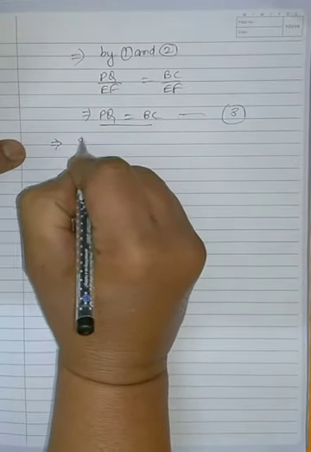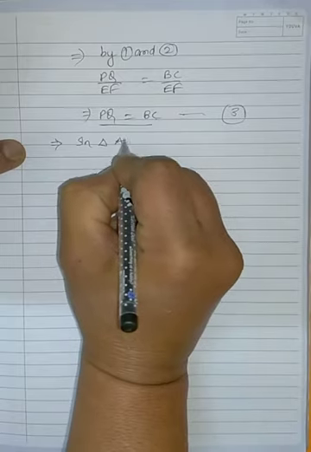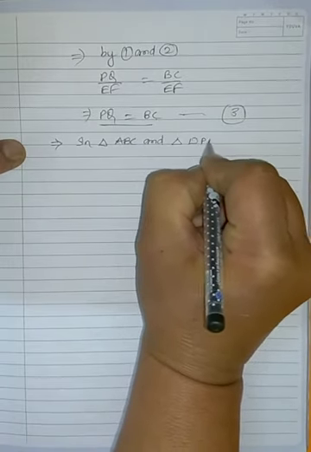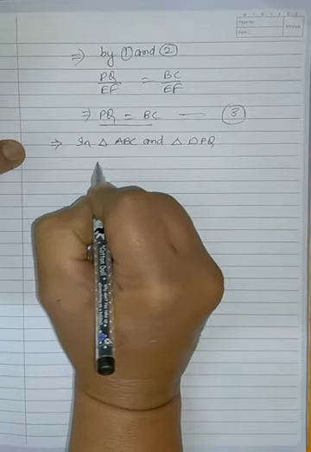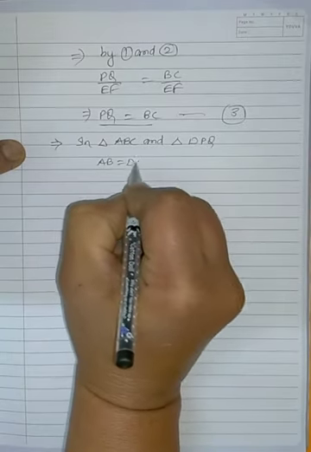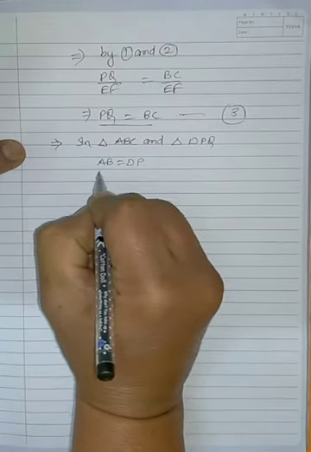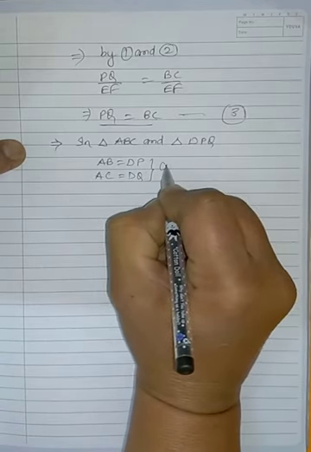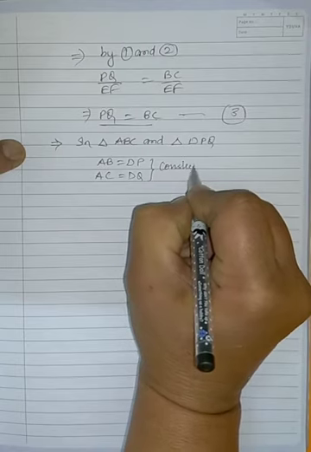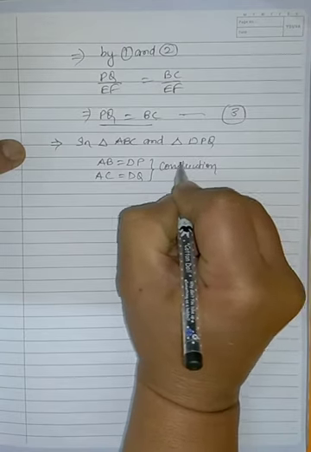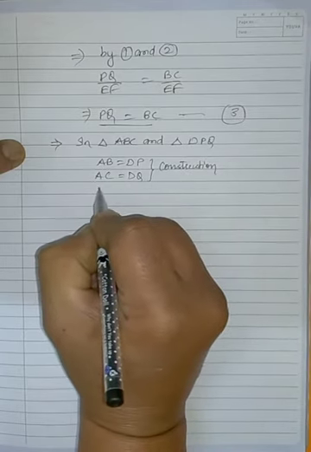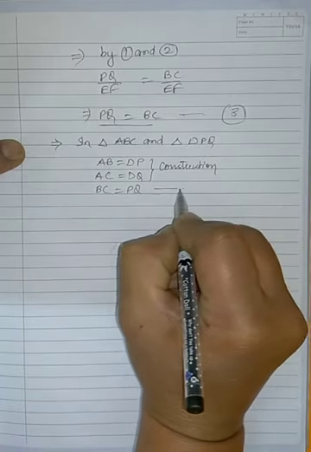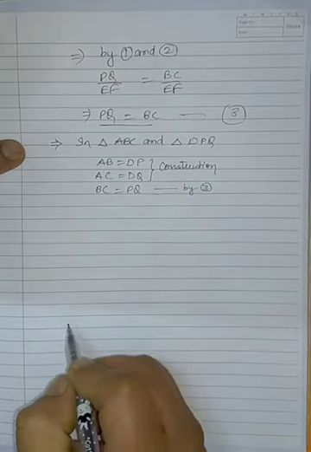In triangle ABC and triangle DPQ, AB is equal to DP, AC is equal to DQ both by construction, and BC is equal to PQ by equation number 3.